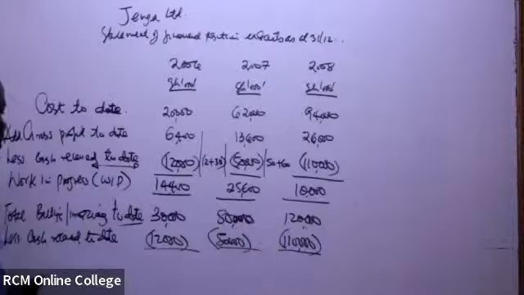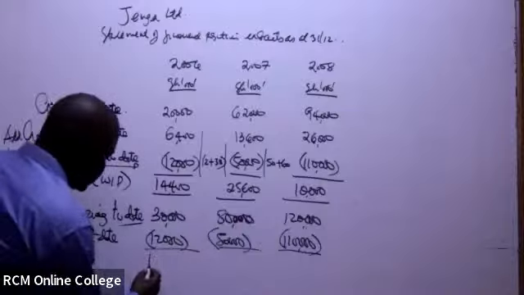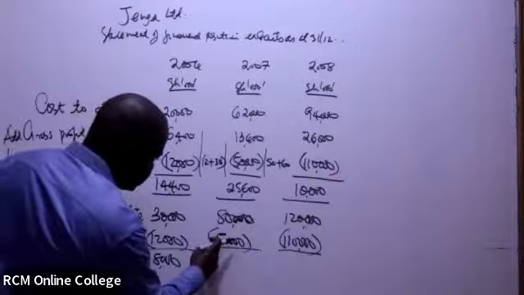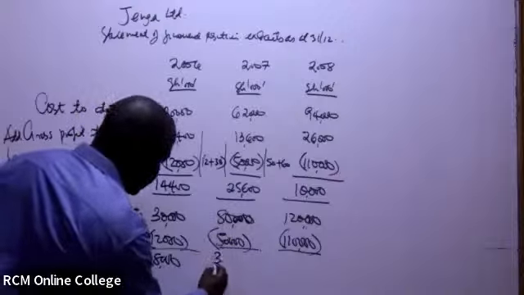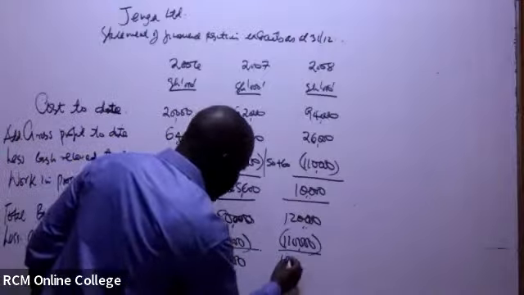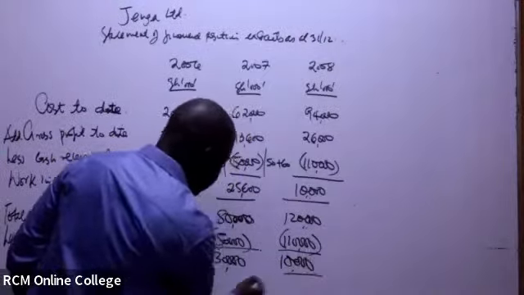So you less this one, which is 18 million. This one is 30. When you take 80 minus this, you get 30 million. Then in the very final year, you have 10.